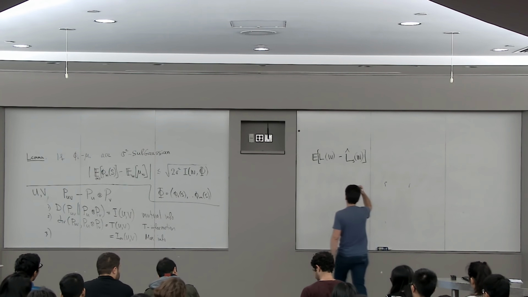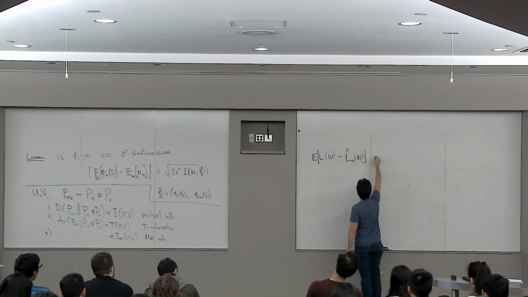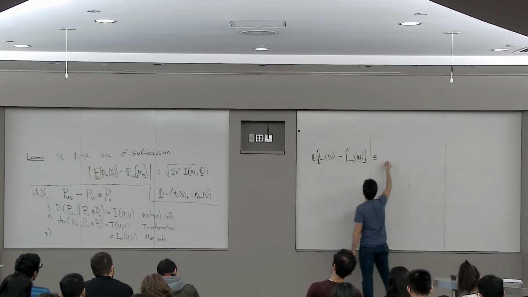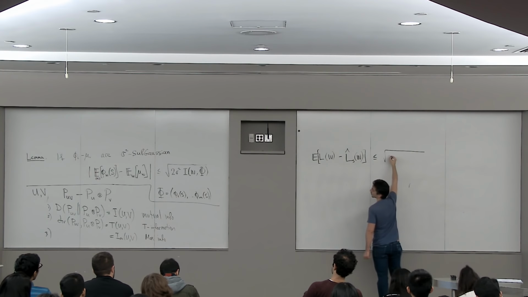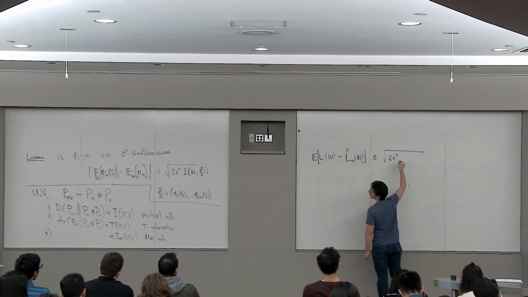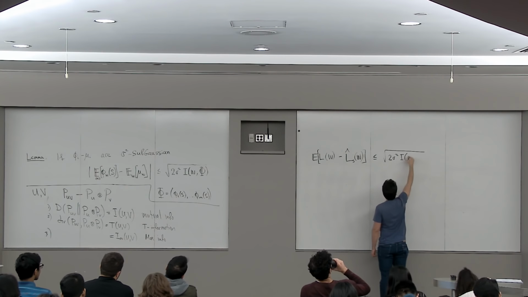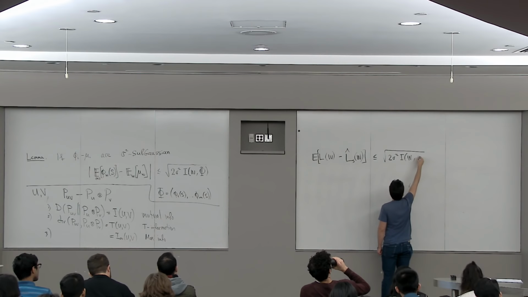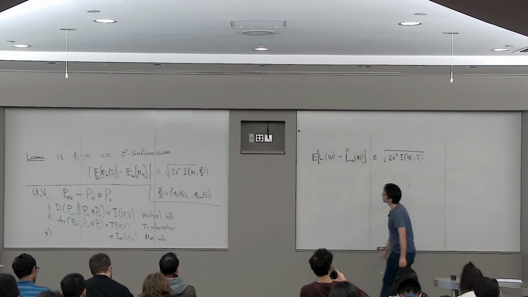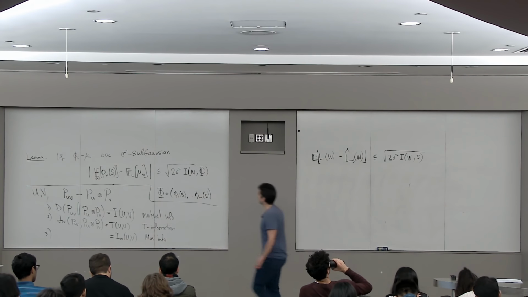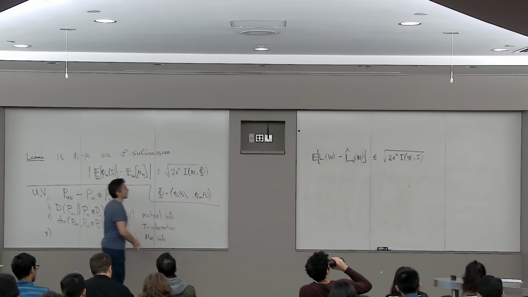All right. So here you get essentially the same result. You get 2 sigma squared and then the mutual information between W and the data set. Okay, so it's very much the same proof.